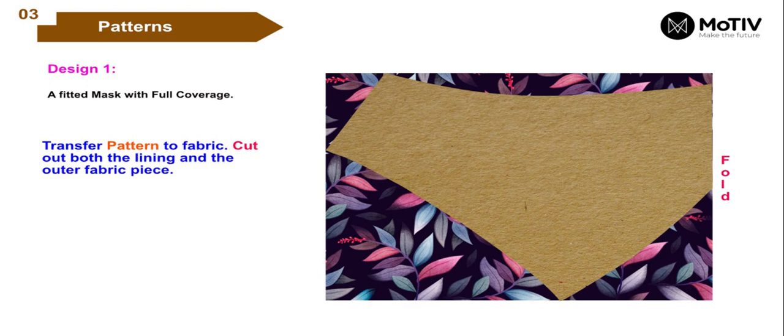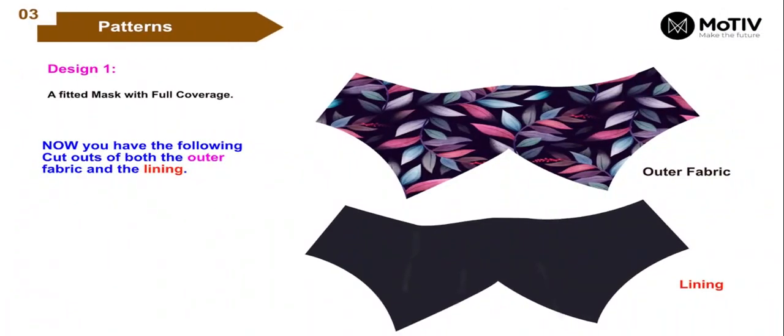So you do this for both the outer fabric and the inside fabric, such that you will have these two pieces like this. You'll have your outer fabric cut out like that, and you'll have your lining piece also cut out like that.